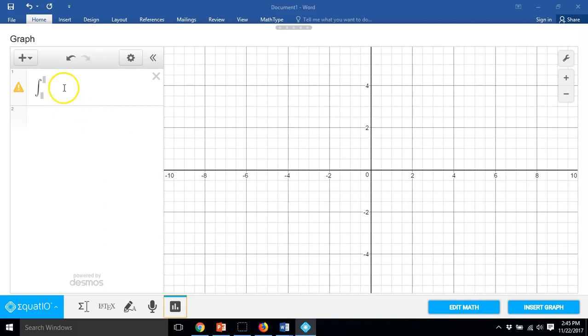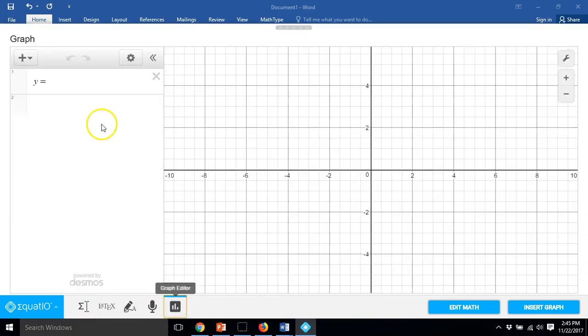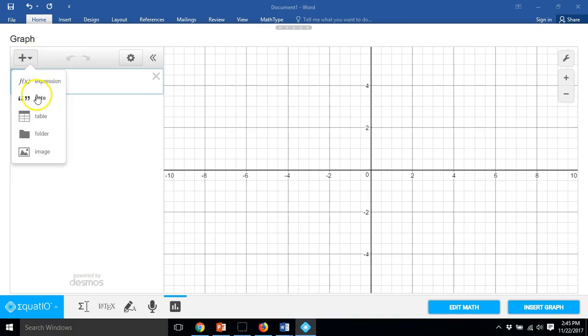Let's say I put in, what should I do? Help me, math people. Okay, y equals, let's see. Wait, okay, hang on. I'm trying to think how I could add the square root symbol.